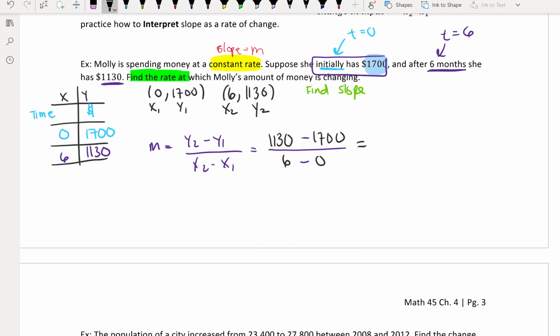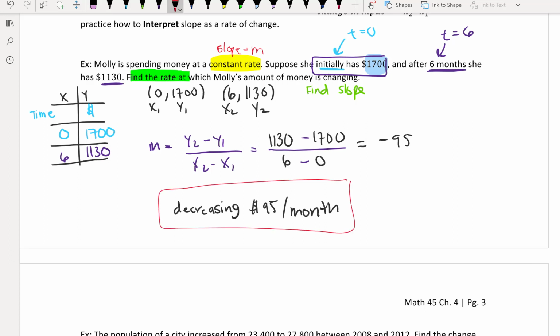I plug that into my calculator and I get a negative 95. So you can say that the rate is decreasing. It's decreasing because it's negative $95 a month. And so that will be your final answer.